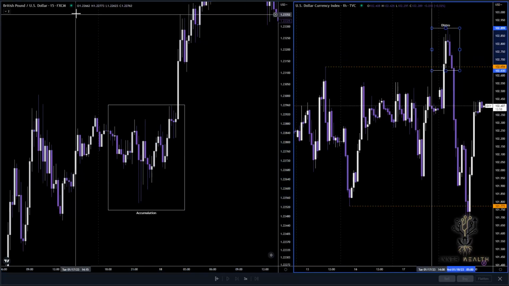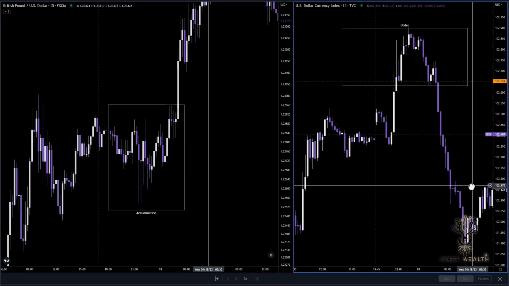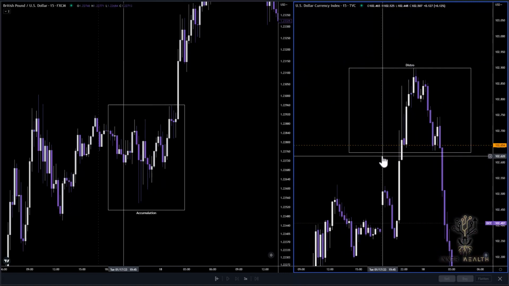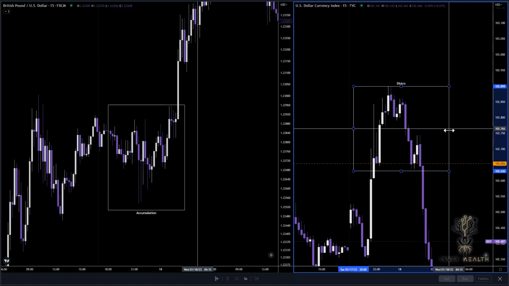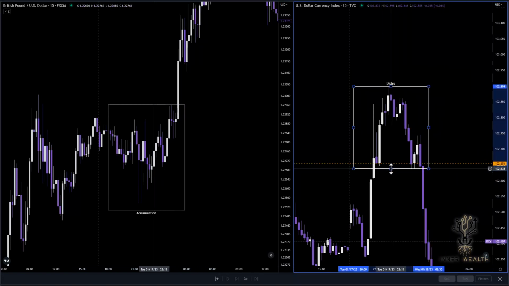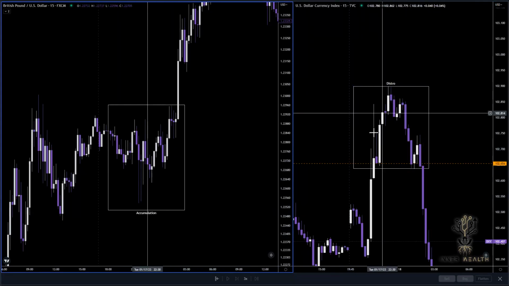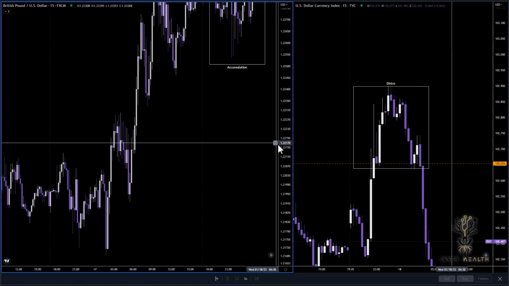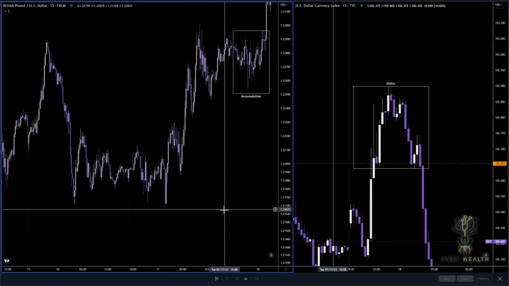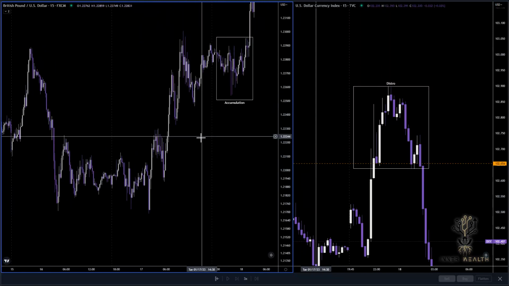Okay, this is our accumulation there. And here, notice on the right, remember our distribution, right? So you had multiple confirmations for longs when the DXY started shorting, and GU failed to make a new low as the DXY was rising.